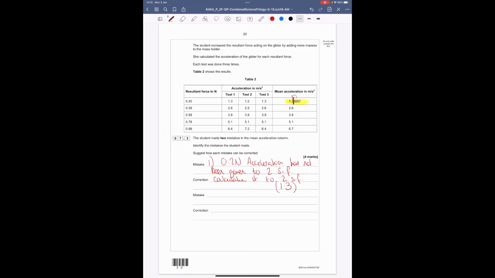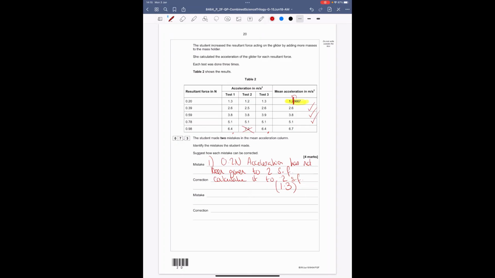Okay, then if we have a look at the other mistakes on it, so 2.6, 2.5, 2.6, that seems right. 3.8, 3.8, 3.9, there's nothing wrong there. 5.1, 5.1, 5.1, that's all correct. 6.4, 6.4, 7.2. Well, potentially these two are very similar, but this one I would say is an anomaly because it's significantly different compared to the other two.